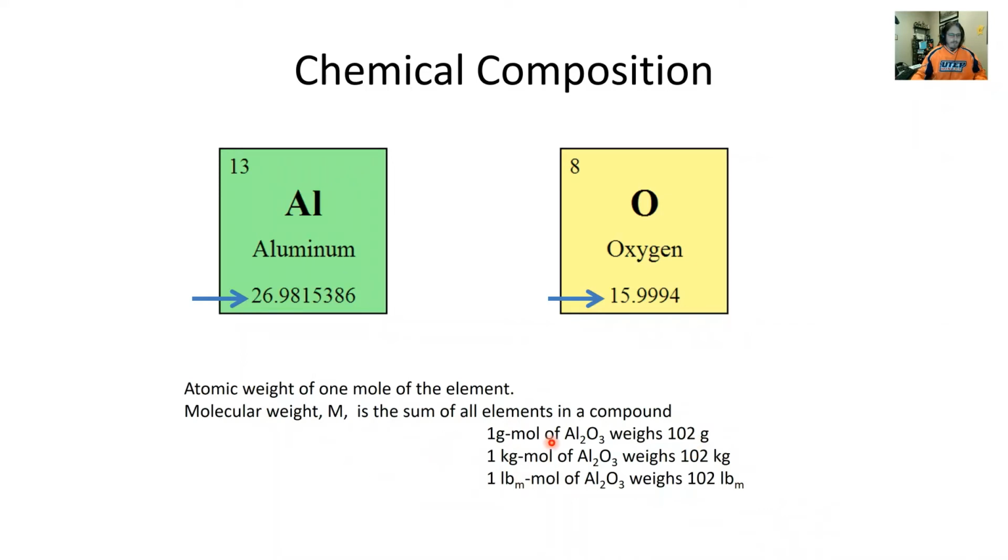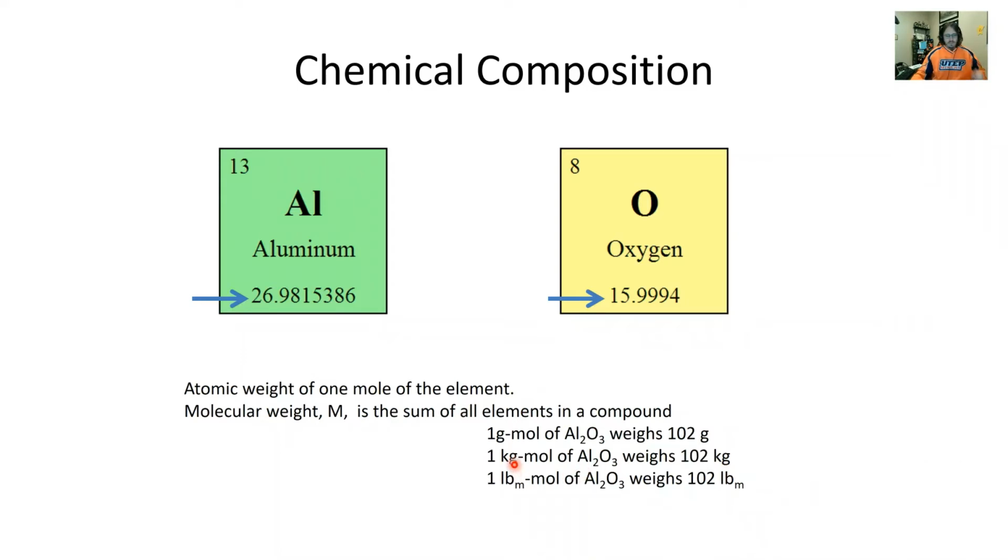So 1 gram mole of alumina, and I got this number by multiplying 27 times 2 and adding it to 16 times 3, weighs 102 grams. 1 kilogram mole of alumina weighs 102 kilograms. And 1 pound mass mole of alumina weighs 102 pounds mass.